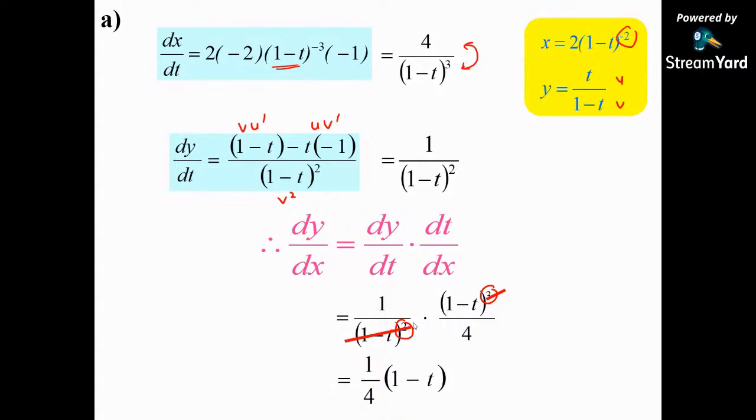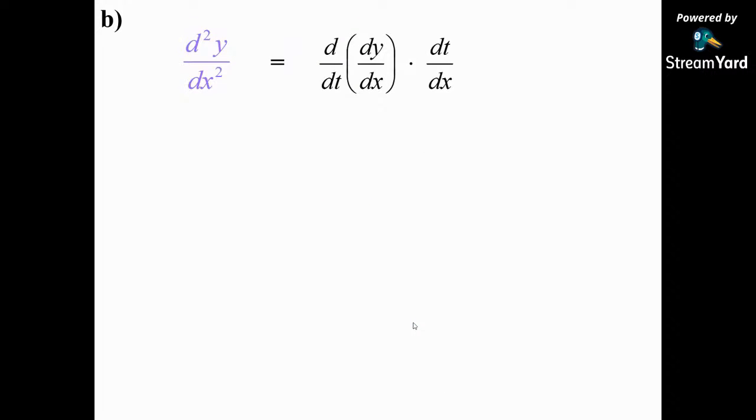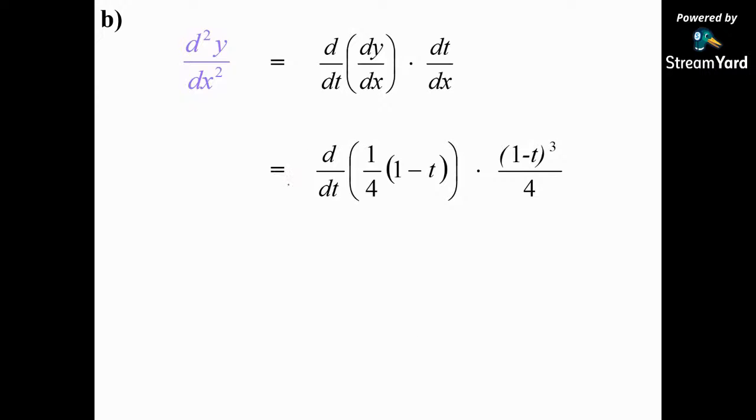Now we need to calculate for the second one, d2y over dx squared. Okay, so now let us differentiate dy over dx with respect to t, and then we're going to times them again with dt over dx. Okay, so we're going to differentiate 1 over 4, (1 minus t) with respect to t, and then we're going to times with dt over dx. So this is (1 minus t) cubed over 4. Okay, so differentiating this, we're going to differentiate 1 over 4, differentiating 1, 0.